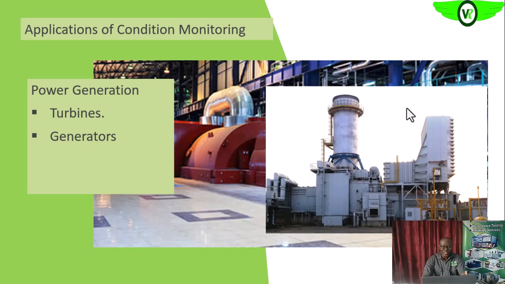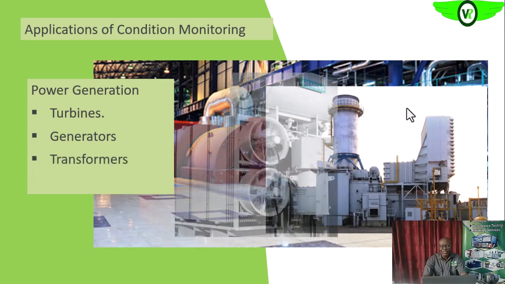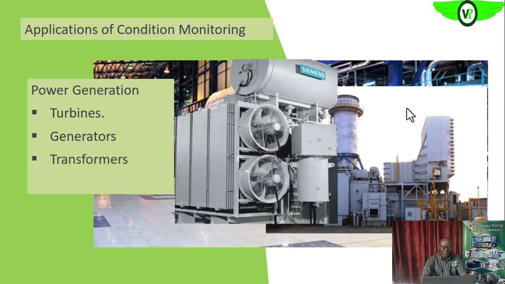As we will explain all of these technologies later, we will see how they could effectively be applied on various equipment. Then on transformers, infrared thermography is one. We can also look at the winding temperature to give us an indication of the winding conditions.